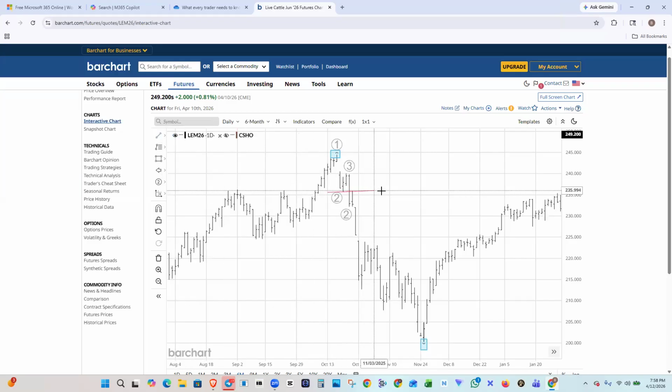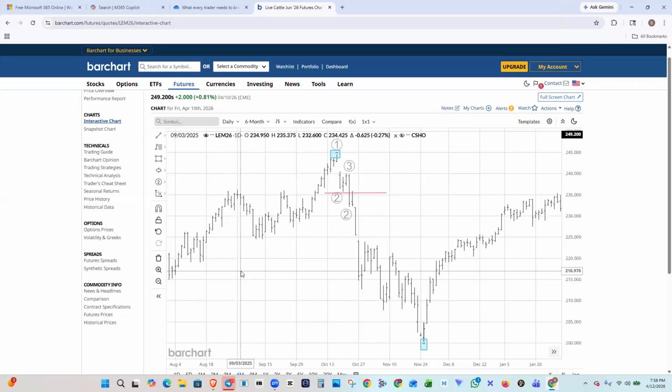Starts with an E. Exit. Nope. Ooh, close. Entry. There you go. All right. So we entered the market at the number 2. And it started a downtrend.